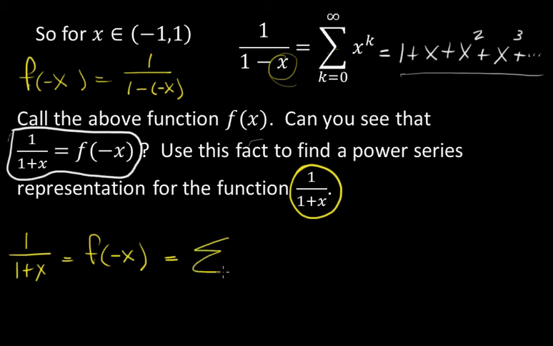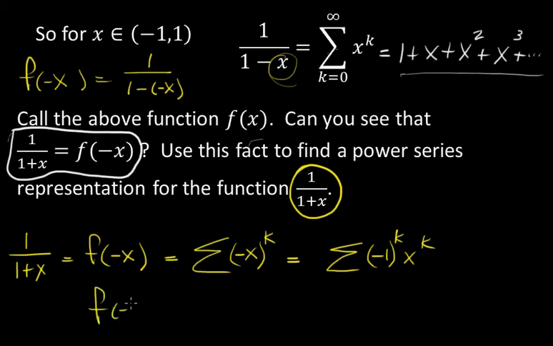If you want to use summation notation, we're going to just put minus x in for x. Notice I put the parentheses around it. I'm going to leave the k off, we don't need it. Which will be the sum of minus 1 to the k, x to the k. Always get your x by itself. And there you go. That's a series representation for 1 over 1 plus x.